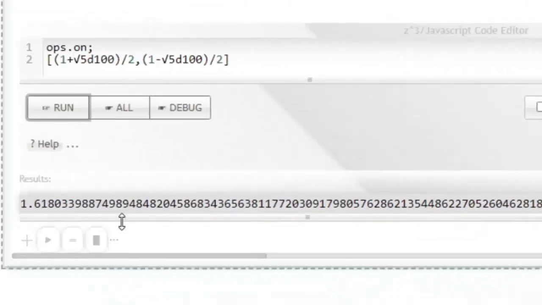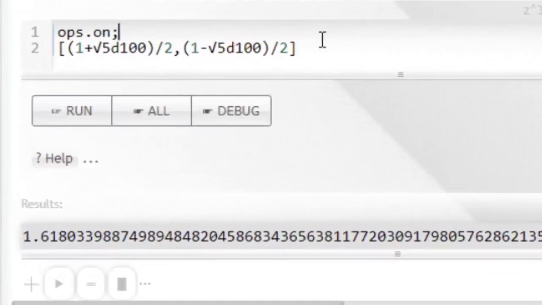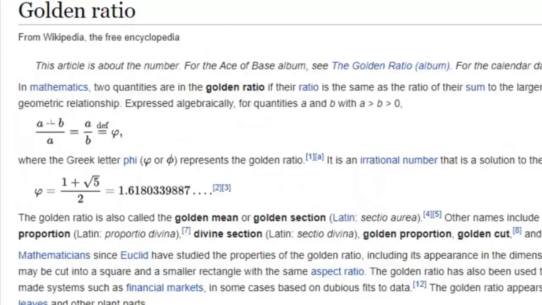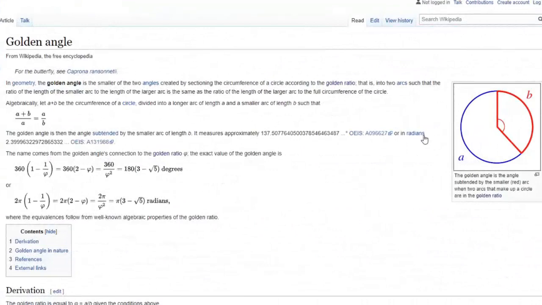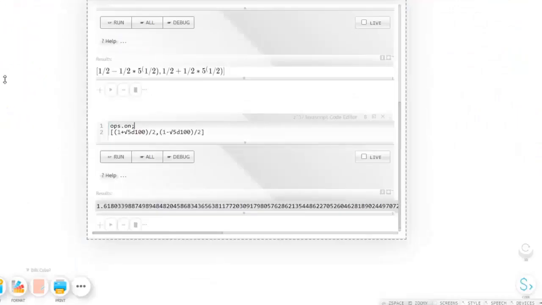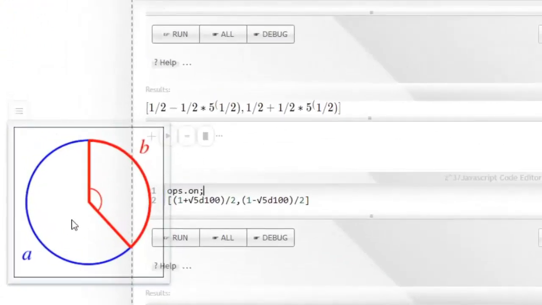Now these ratios appear all over the place. So if you take the golden ratio as the ratio of lengths, similarly if you took the golden angle, it's also very similar in its definition. It's essentially, if you took the two angles, the ratio of A divided by B in terms of the angles equals the angle A plus B, which is 360 degrees, divided by the angle subtended by the larger side.